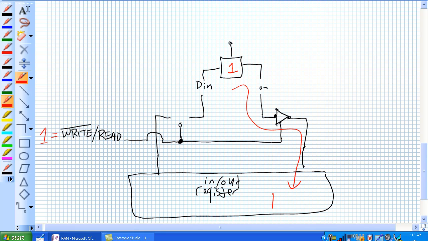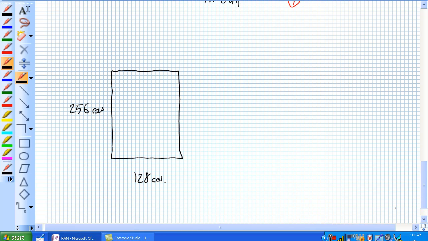Okay, so there is a diagram in your book for a 3-dimensional asynchronous 32K by 8 SRAM, and let's draw that picture. It has 256 rows and 128 columns, and because it's 3-dimensional, it's got 8 floors.